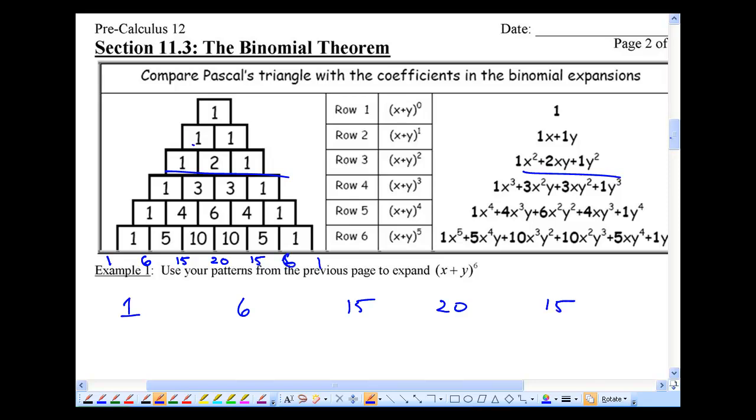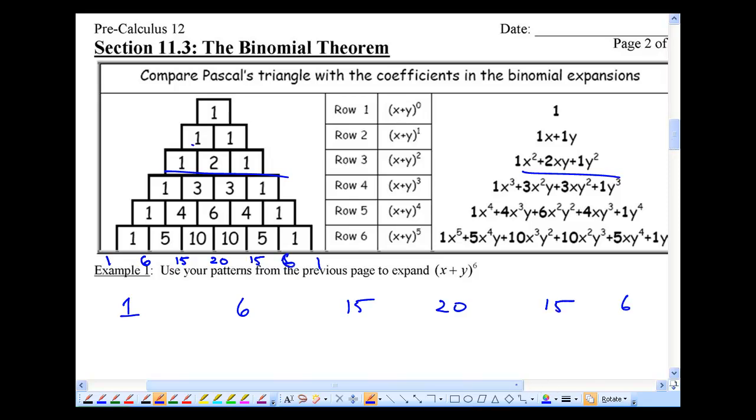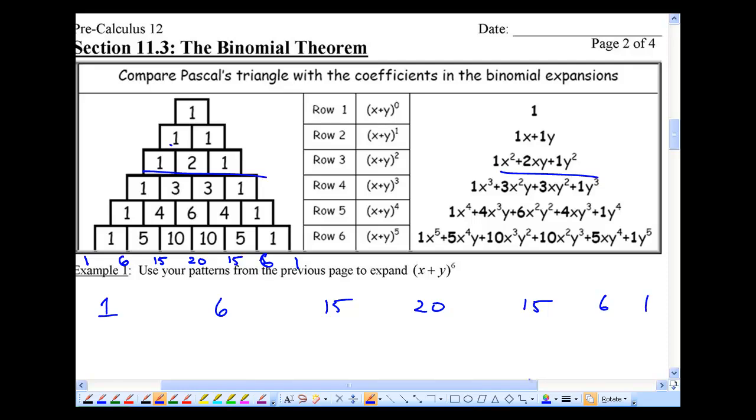Sorry. 6, then 1. Well, what's the pattern again? Yeah, start with the highest power of x, x^6, then we reduce x^5, x^4, x^3, x^2, x, and nothing. And what do we do with the y's? Yeah, nothing, then 1, then 2, then 3, then 4, then 5, then 6.